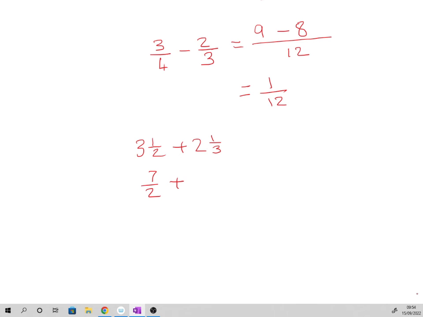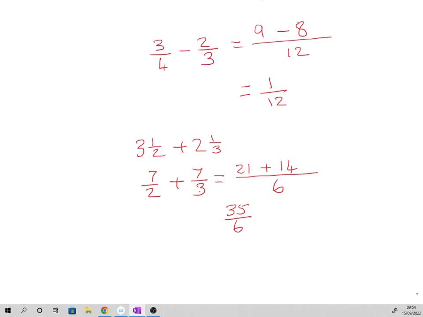And 3 times 2 is 6 plus 1 is 7 over 3. And here we go, same thing, 2 times 3 is 6, 3 times 7 is 21, and 2 times 7 is 14. And that's 35 over 6.